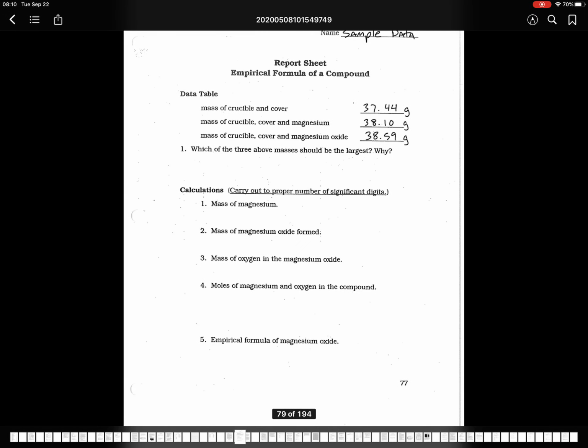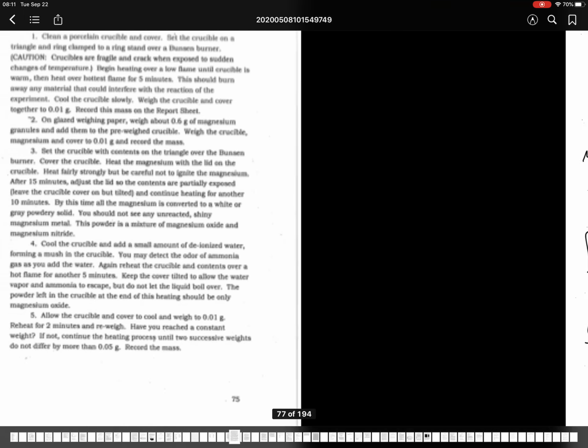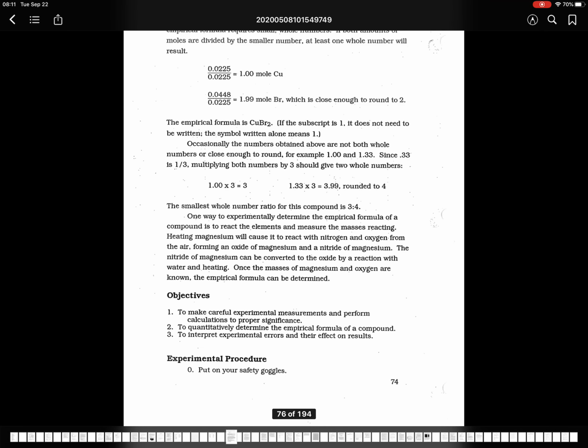You've been given some masses. From those masses and your brains, you're going to think about how much magnesium there is and how much oxygen there was. Once you know those numbers, you're going to calculate the moles and the empirical formula according to the procedure here. You can see this walks you through the steps.